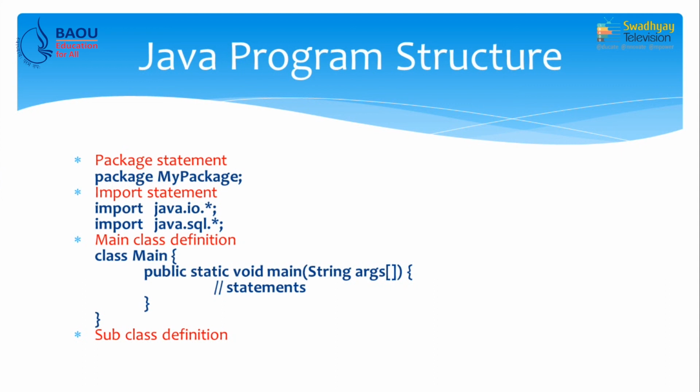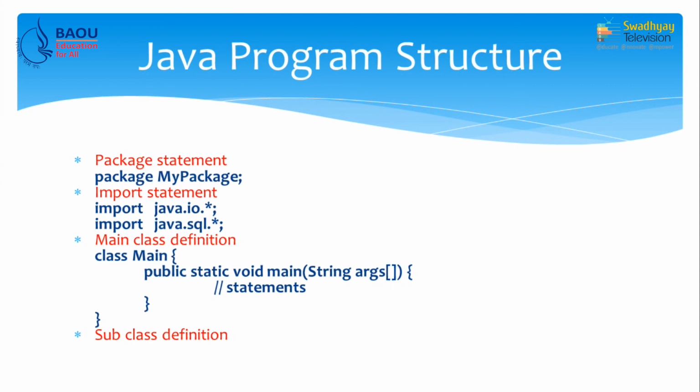If you look at the syntax of the main method, we write public static void main, and it takes a string array as an argument. Whatever statements you write inside this main method will be executed first, before any other method or statement is executed.